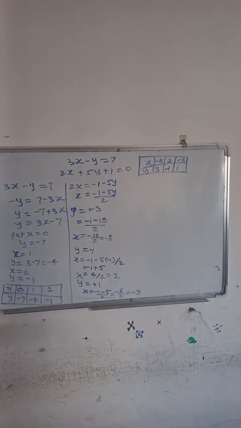So this is the table I got. Maybe your table is different if you are solving with another method, meaning other coordinates or other values, but the result should be the same. So now here I will try to draw the graph.